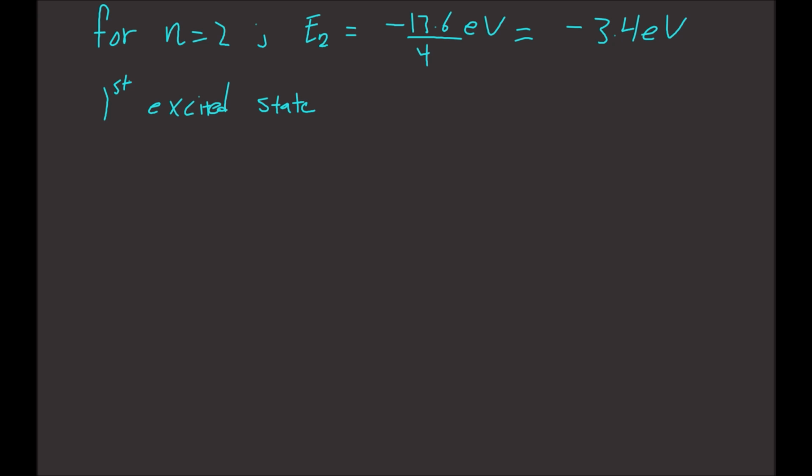For the first excited state, n equals 2, L can be equal to 0, or L equals 1. In case of L equals 0, we have m equals 0. In case of L equals 1, m can be equal to negative 1, 0, or 1. So I said the first excited state, but it's actually the first excited states because there are 4 of them. 4 states.